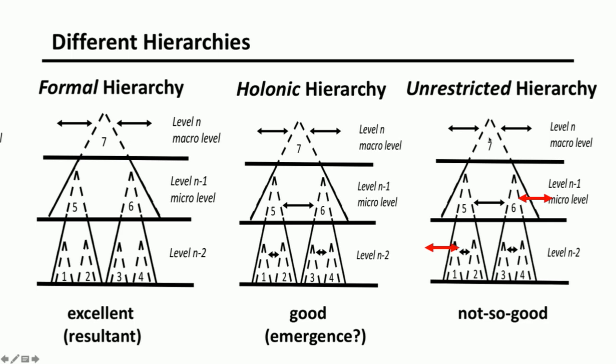That means this system here leads to a system which has an unstructured behavior. So we should definitely try to go here or here, but should be very careful in this one. Now, there are situations where we cannot do otherwise because there is no way to find a solution that is not having some elements of an unrestricted hierarchy.